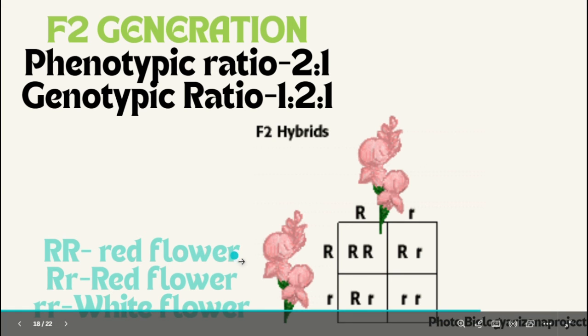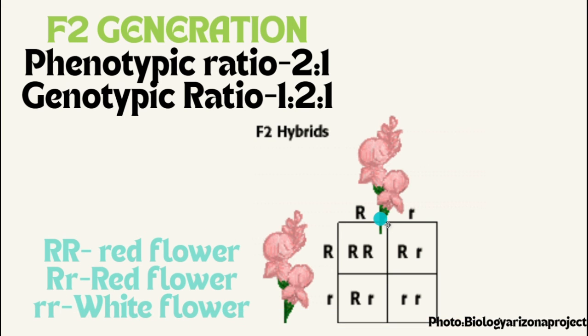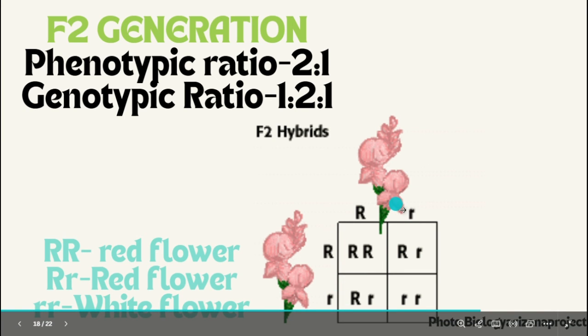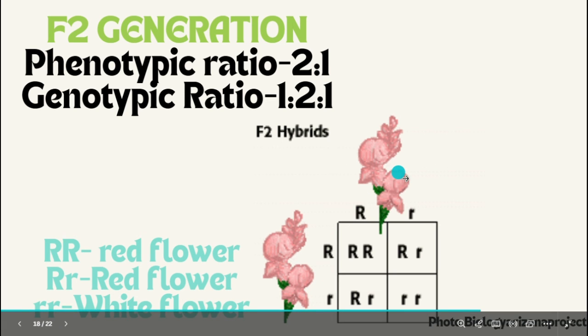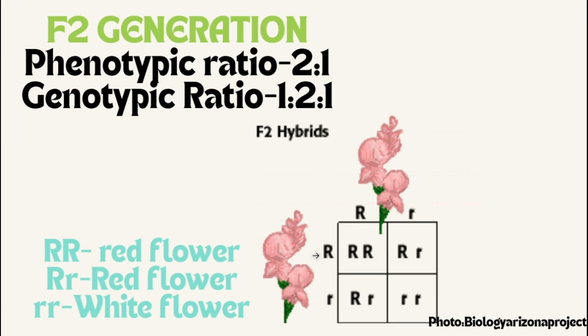Red is the dominant trait, and both these genotypes code for it. Little r is the white flower, which is recessive. So if we cross two heterozygous, big R little r and big R little r, that means we're crossing two red flowers. Two parents, and both of them look red.